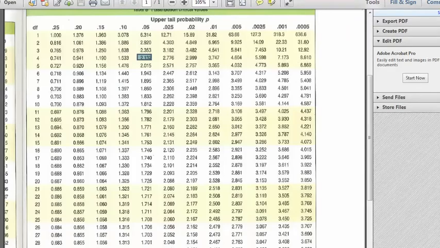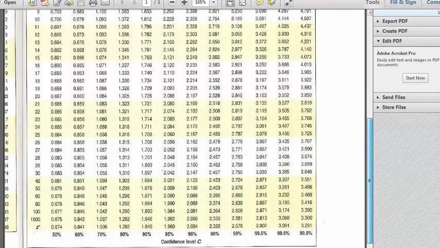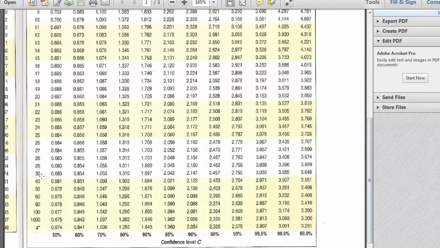In B, n is 45, so df equals 45 minus 1, or 44, and we're looking at the 95th percentile. So we're going down to 44. You can see that at this point we don't have 44 exactly. We said we were doing the 95th, so that's here. And we're going to use the conservative estimate, so we're going to use 40. So we get 2.021.